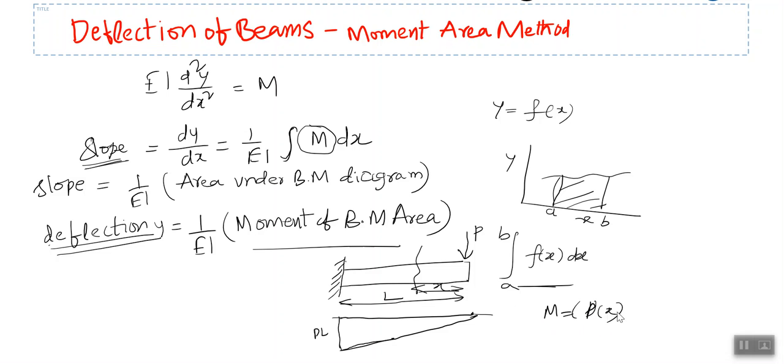At x equal to L, the bending moment is P into L, and this is a first order equation, so I'm joining these 2 points through a straight line.